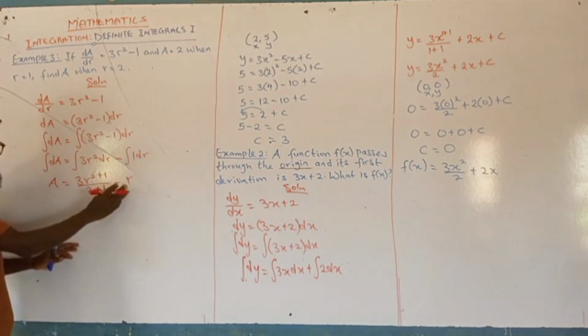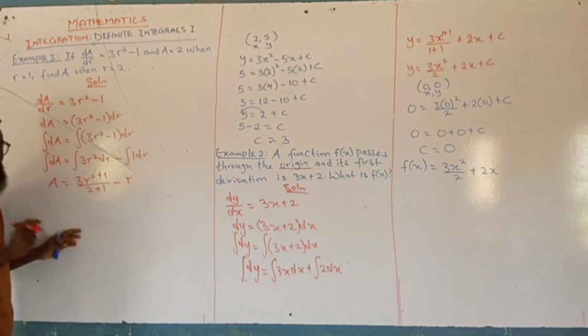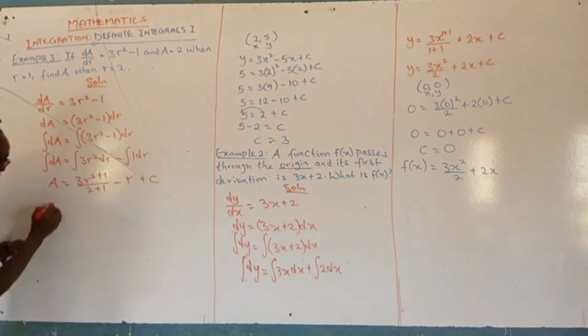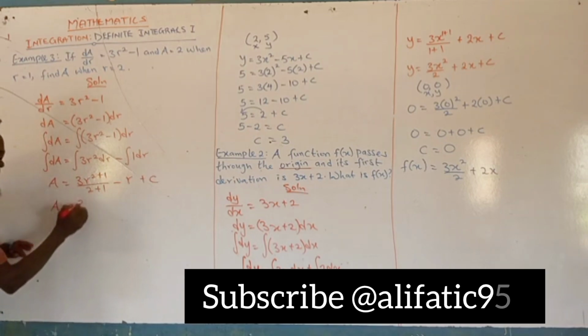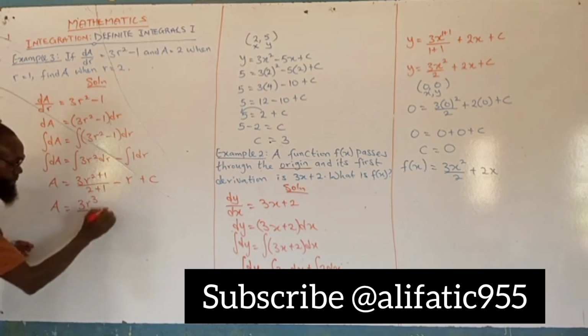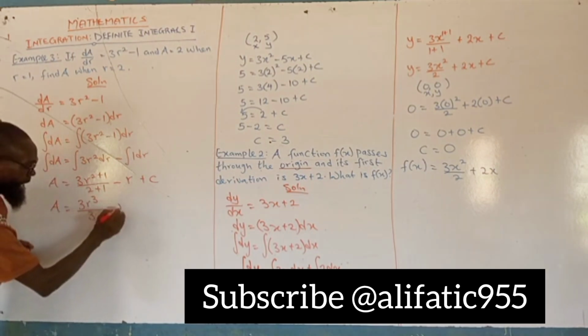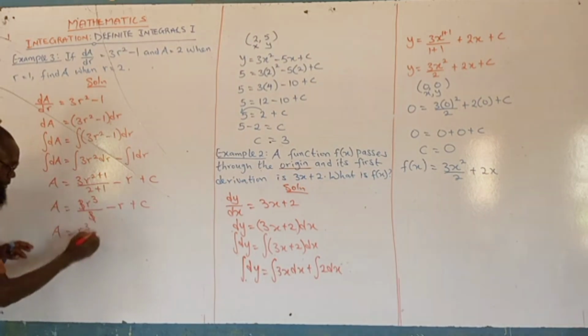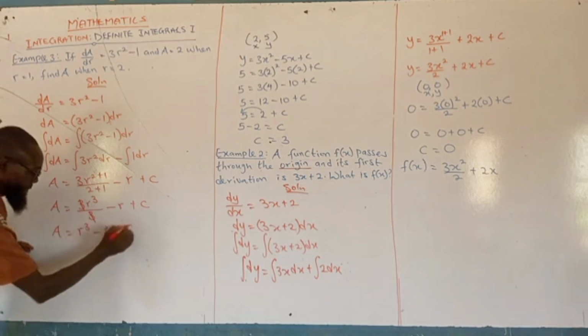Why are we putting r? It is because I am integrating in terms of r. There is a constant c. A is equal to 3r to the power 2 plus 1, we have 3r cubed over 3, minus r plus a constant c. 3 goes here, 3 goes here. A is equal to r cubed minus r plus c.